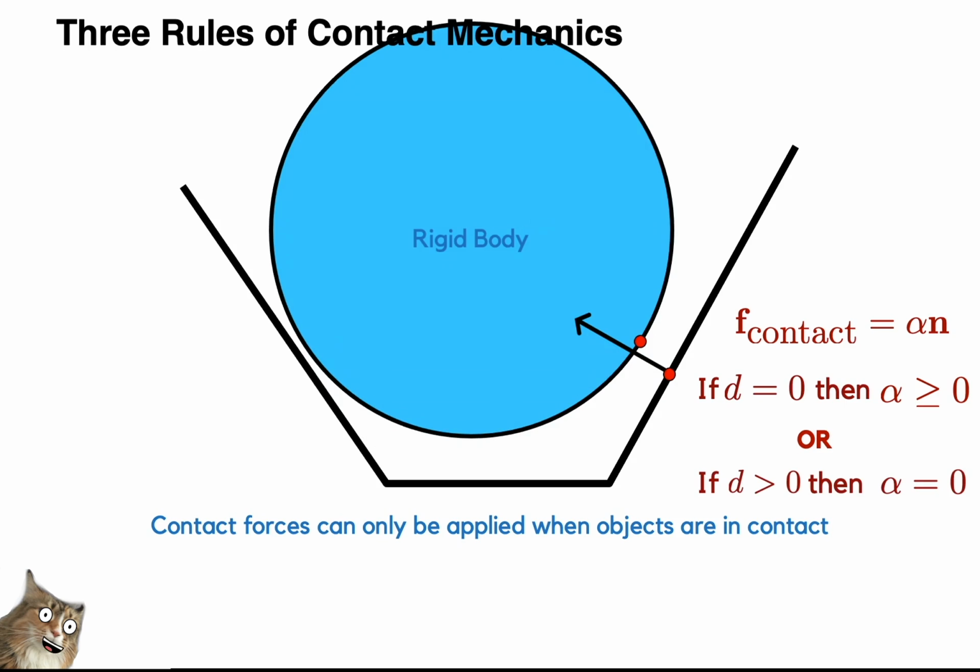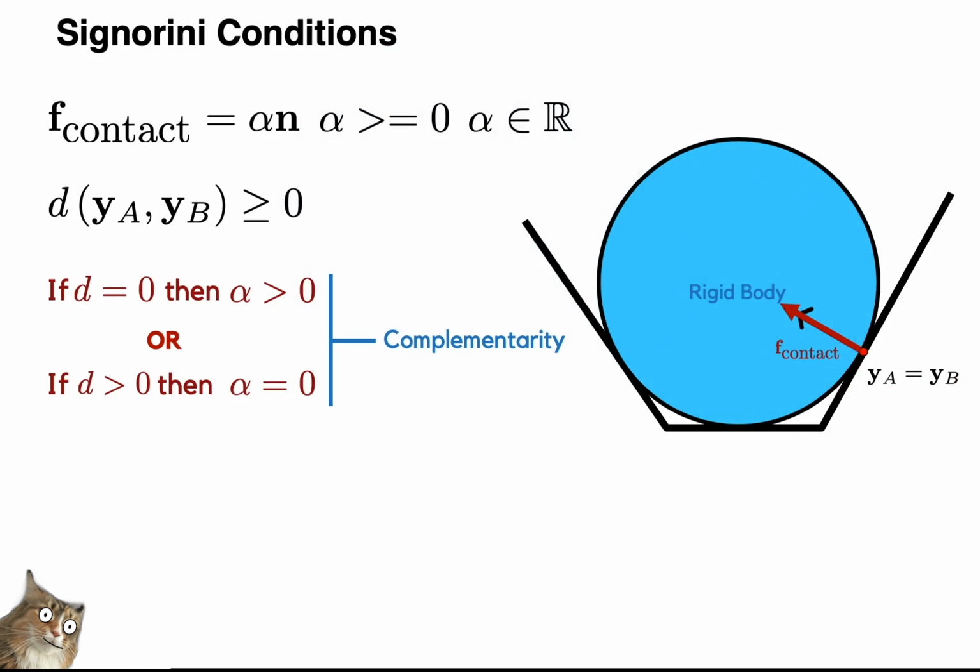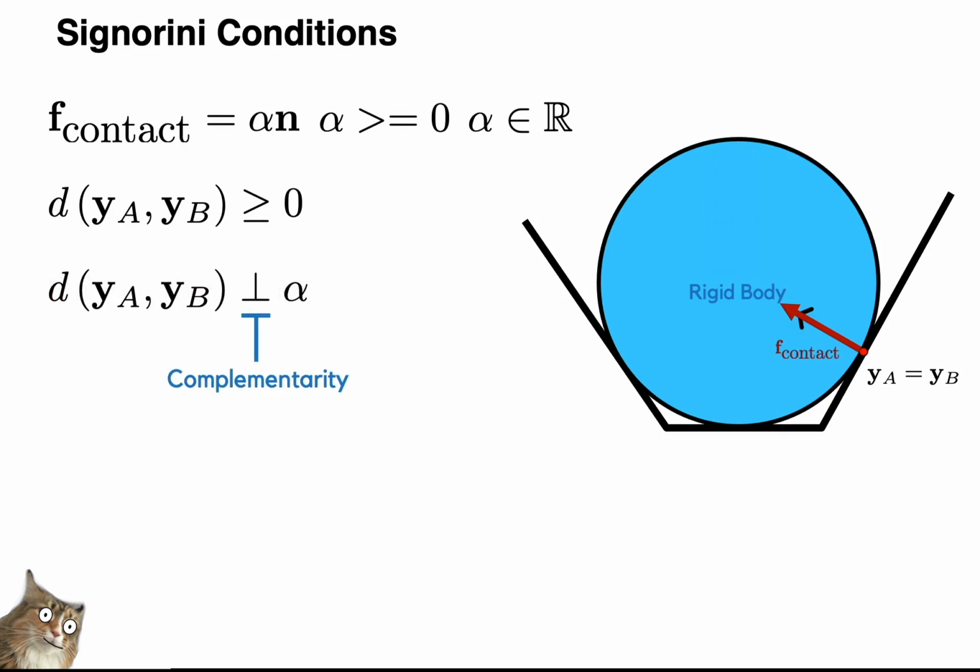This if statement is our final rule of contact mechanics, and taken together with the other 2 rules, gives us a set of conditions called the Signorini conditions. Note that we have a special name for our if statement condition. We call that a complementarity condition. And we typically write this using this orthogonality symbol.